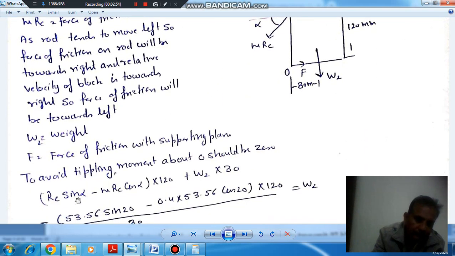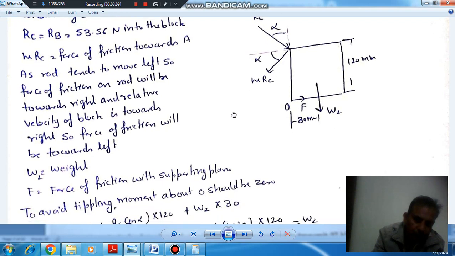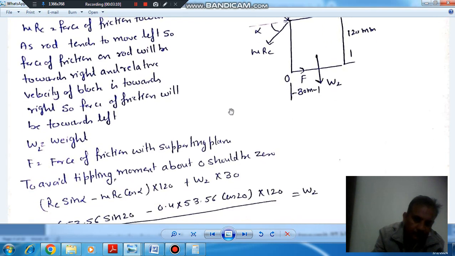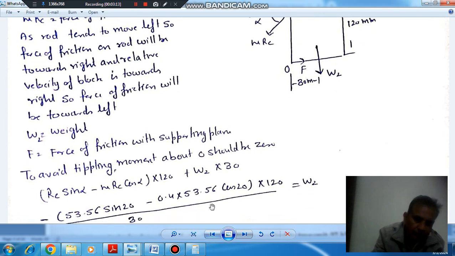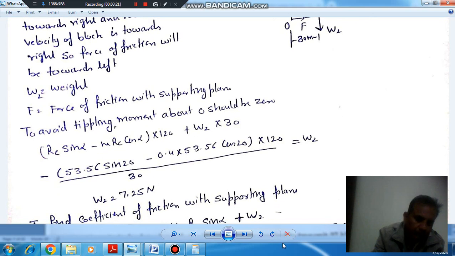So RC sin alpha minus mu RC cos alpha, and the moment distance is 120. You have to take moment about O. This is clockwise, and W2 into its distance will also be clockwise, and F will pass through O. So from this, putting the value of RC equal to RB and mu as 0.4, W2 comes out as 7.25 Newton.